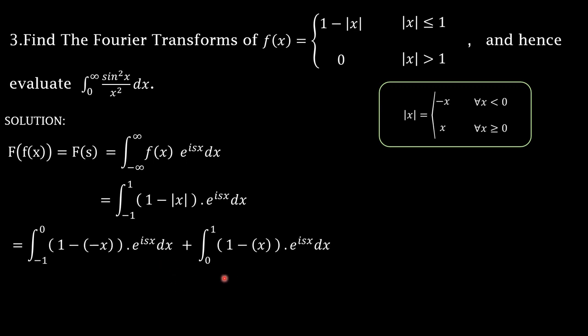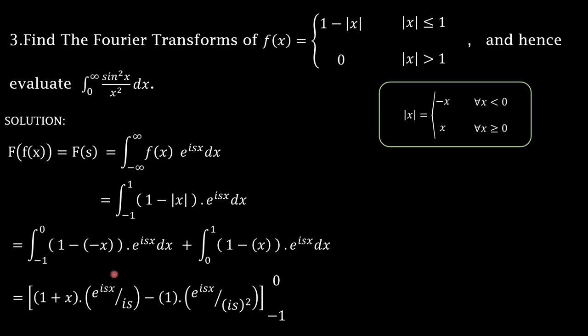Now, evaluating these two integrals using Bernoulli's rule by choosing the first function as 1 plus x over here. So, what you are going to get? First function into integration of second function. What is the integration of e to the power isx dx? It is e to the power isx divided by is, minus differentiation of the first function.